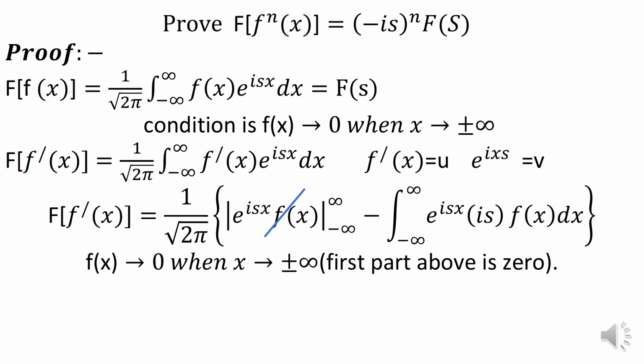Since f(x) tends to 0 as x tends to minus or plus infinity, the function will be equal to 0 when you take the limit from minus infinity to plus infinity.